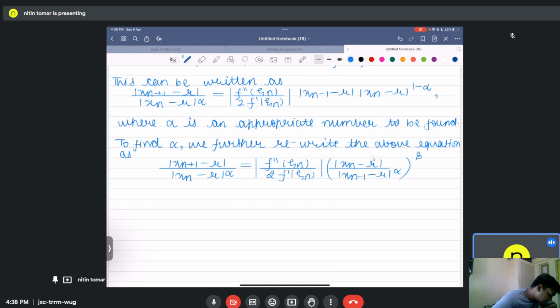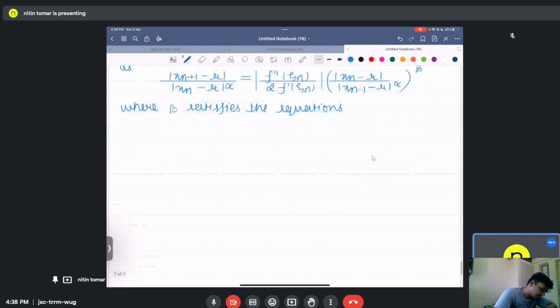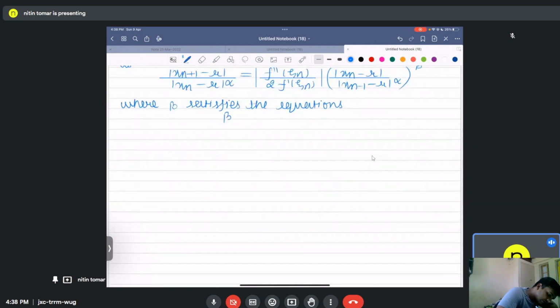So beta is actually 1 minus alpha, where beta satisfies the equation beta equals 1 minus alpha and alpha beta is minus 1. So we solve this for alpha.